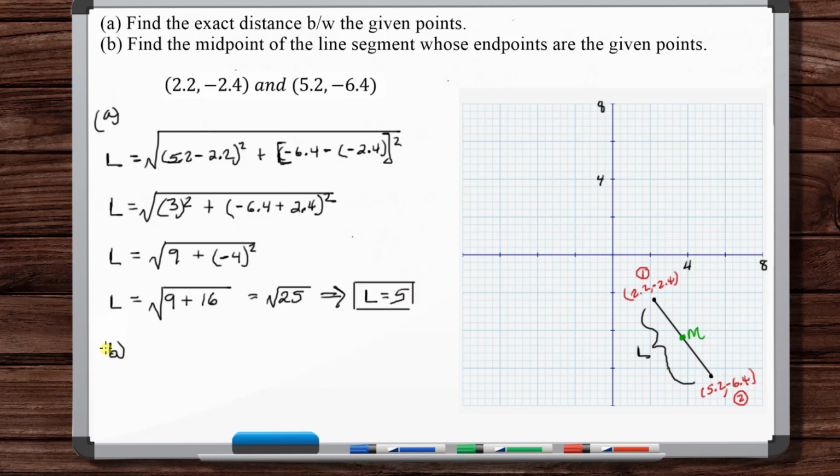Okay, part B, the coordinates of M. So x1 plus x2 divided by 2, y1 plus, so plus minus 6.4 plus y2, so that's just minus 6.4.